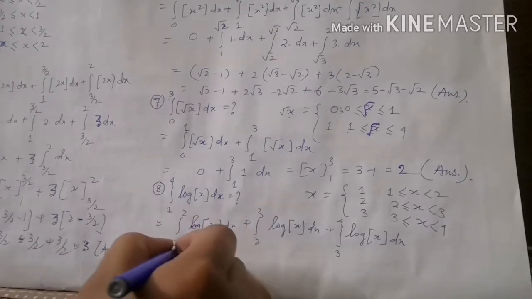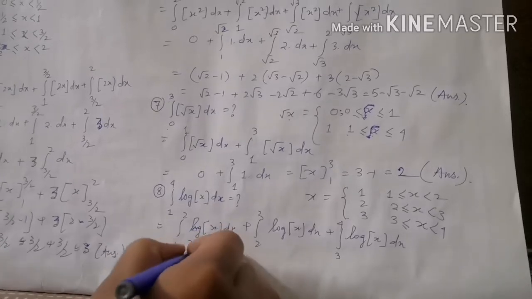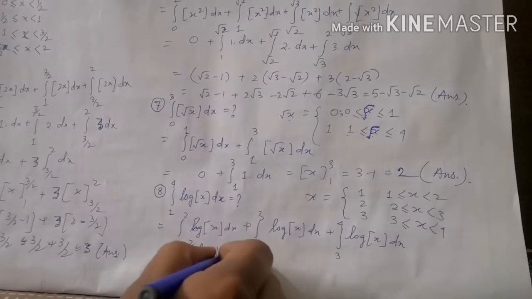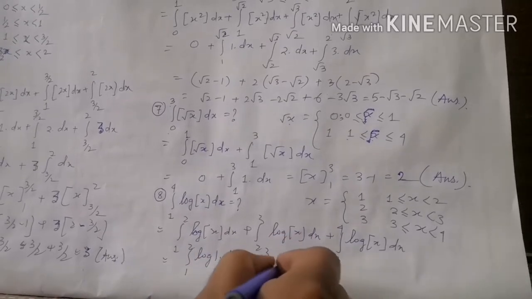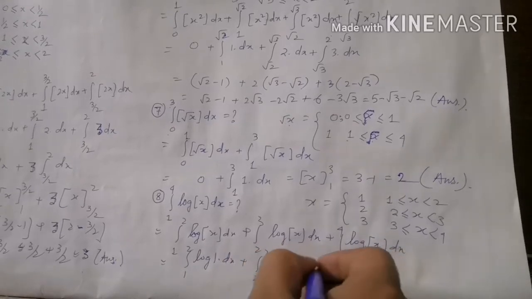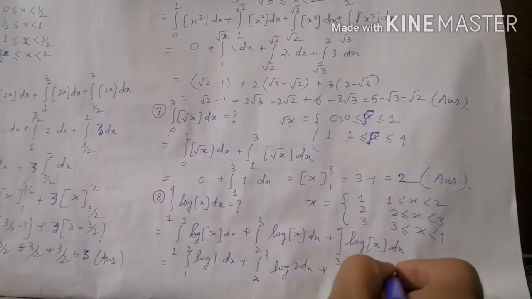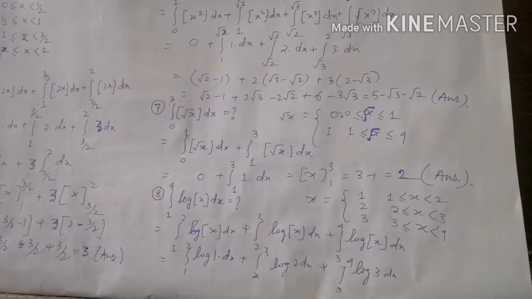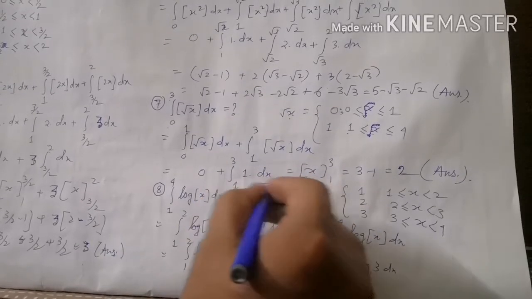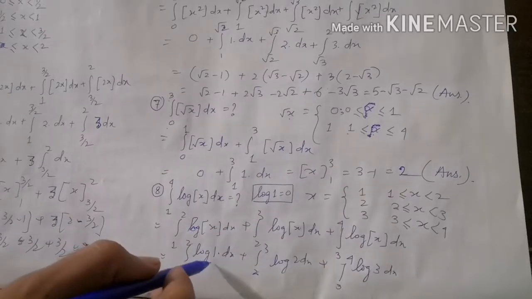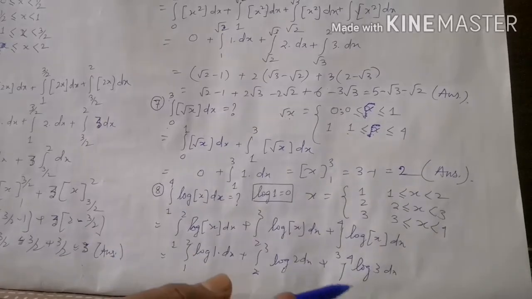Now we will know the value: 1 to 2 log 1 into dx plus from 2 to 3 log 2 dx, and 3 to 4 log 3 dx. And we know the value of log 1 equal to 0. So this term will be cancelled, and we will find the log 2 and log 3.